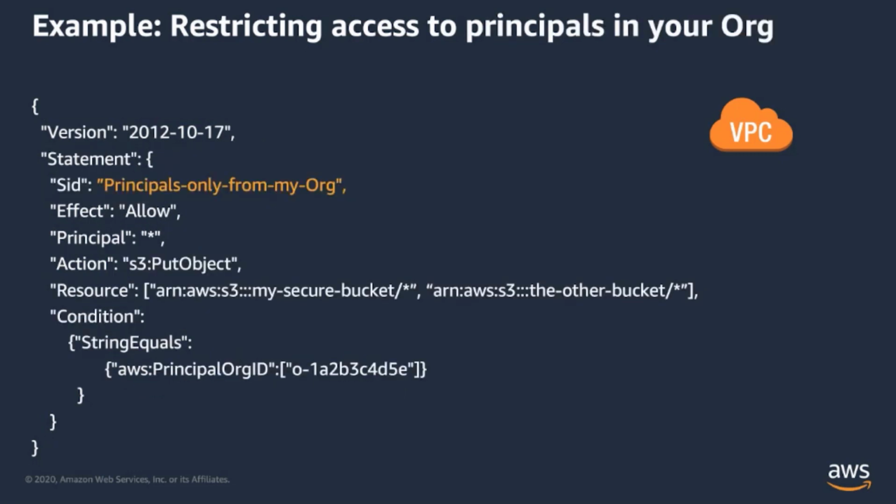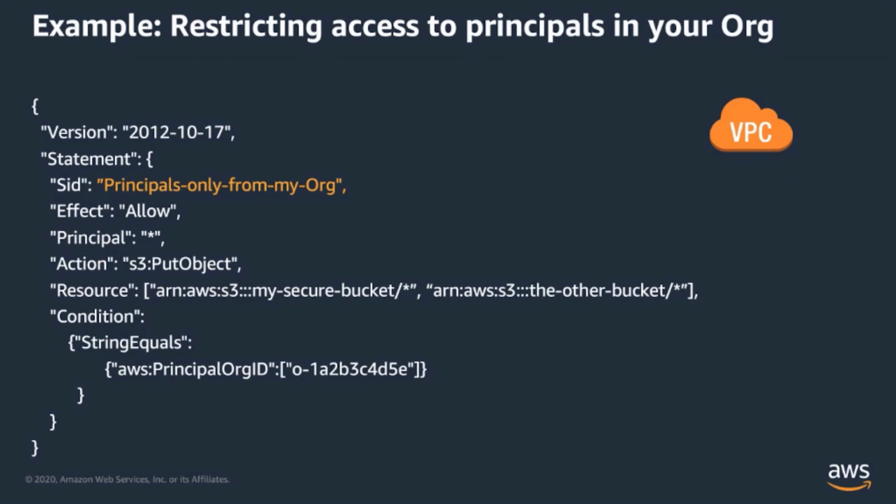Now, maybe you want to do something different. Maybe you want to only allow put object, but to anyone in our organization to be able to do this. So let's take a look. We have our version again and our statements. Statement has a SID of principal only from my org, effect allow, principal star, action S3 put object, resource my-secure-bucket/star, and the other bucket/star.